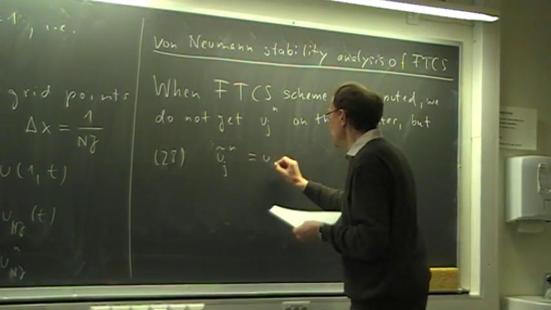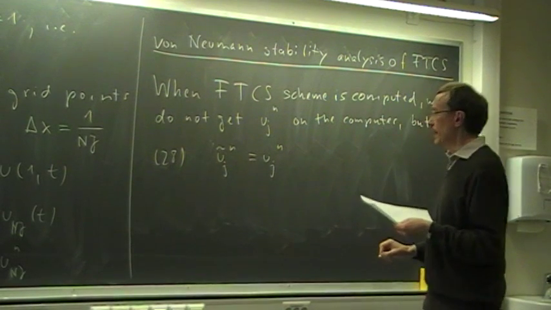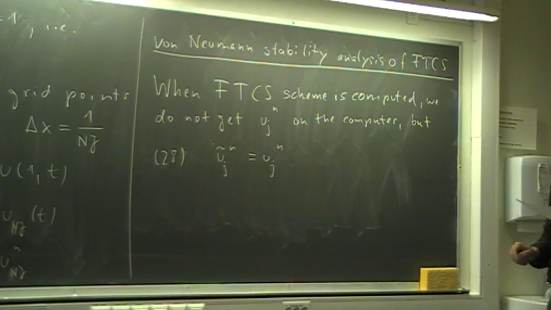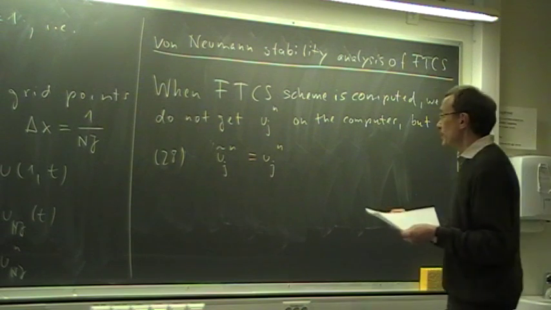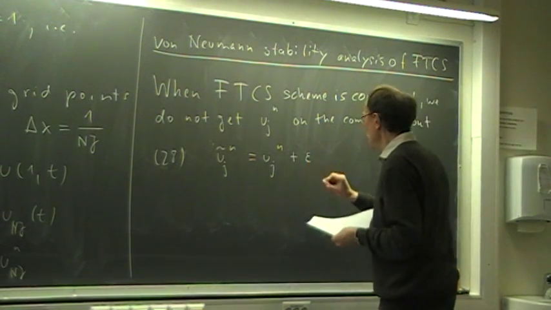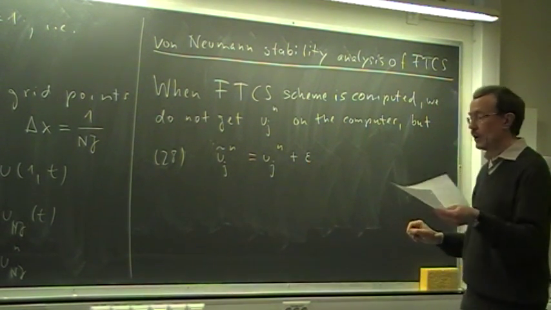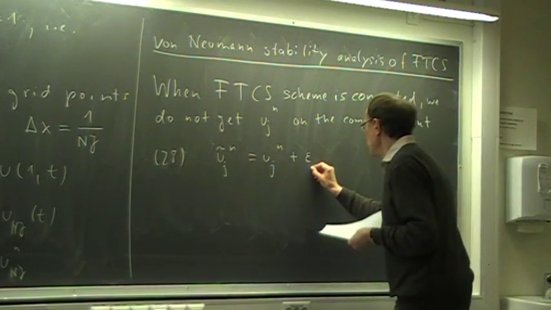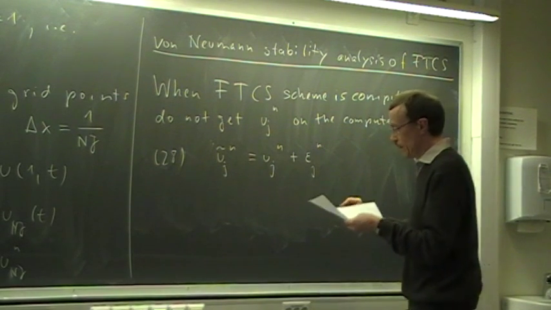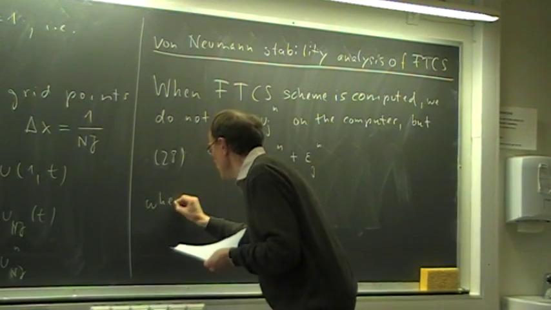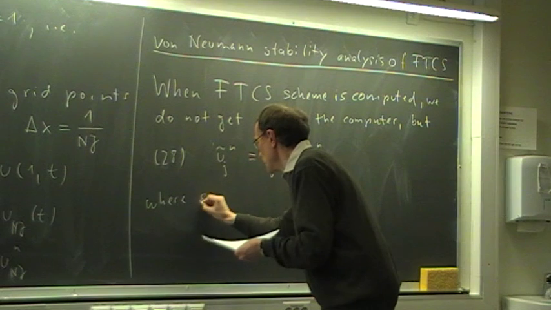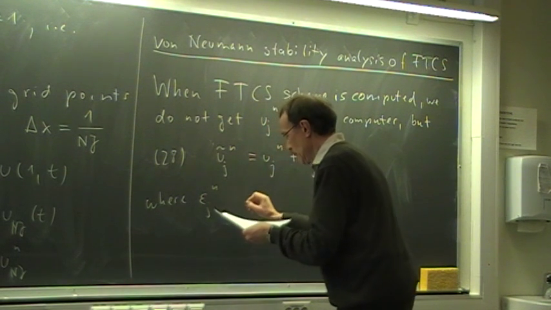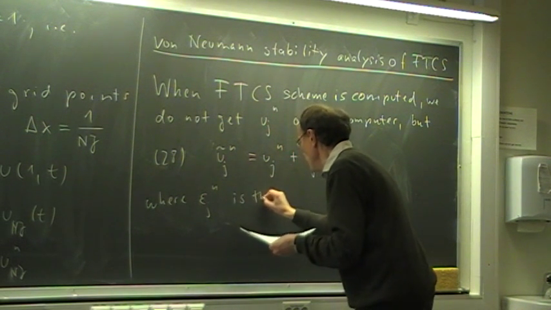And that is the solution that we want to get, our numerical solution, plus some rounding error. And I use a notation from the book by Fletcher, Tannehill, Anderson, epsilon jn, where the epsilon jn is the rounding error.